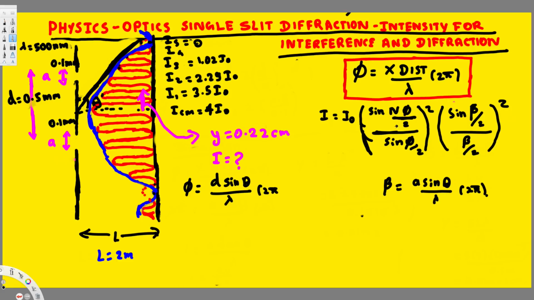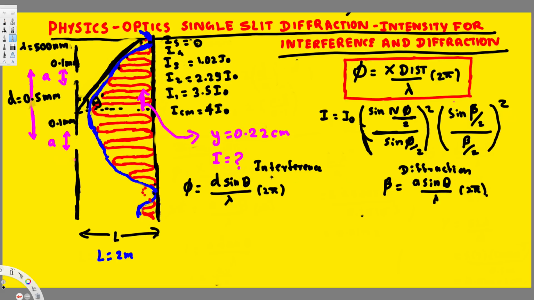If you look at this equation, here we need phi by 2 in angle, right? We need both of them in angle because we have sine phi by 2, sine phi by 2. So to make this clear, let's write this one. This is interference and this is diffraction, right?